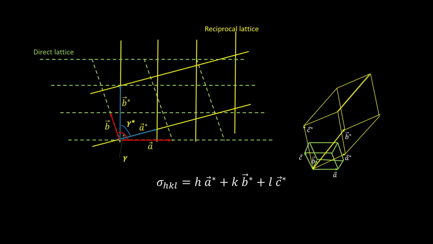Any reciprocal vector in 3 dimensions can be expressed as a linear combination of these 3 reciprocal vectors, that is, sigma HKL can be written as a linear combination of A star, B star and C star.